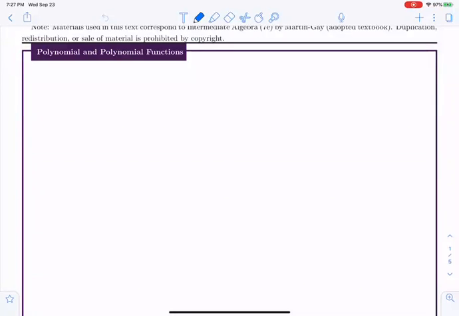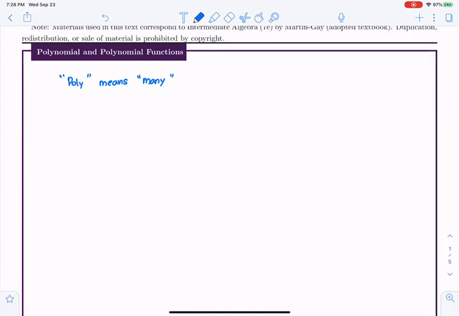So this is an introduction to polynomial and polynomial functions. We know poly means many. And nomial simply means some term or attribute.